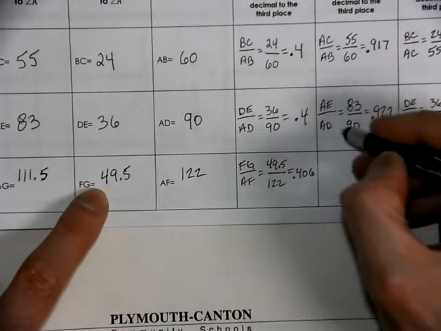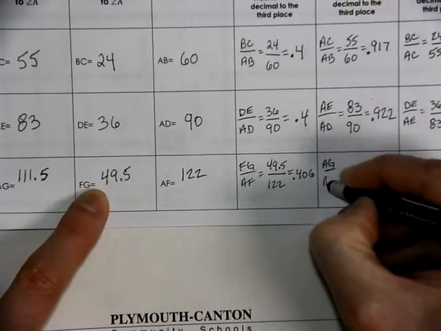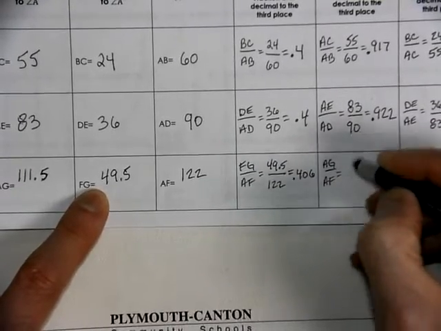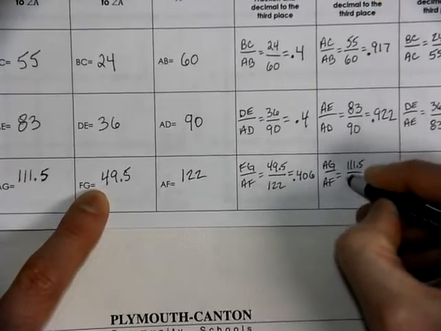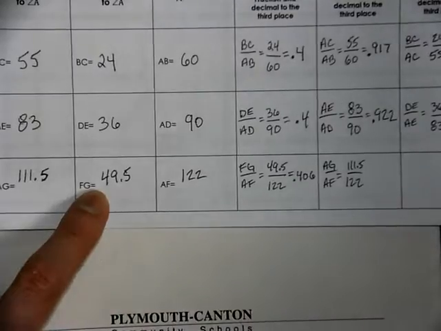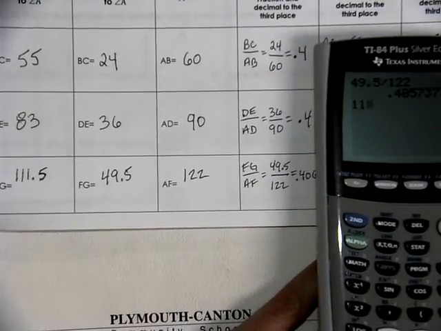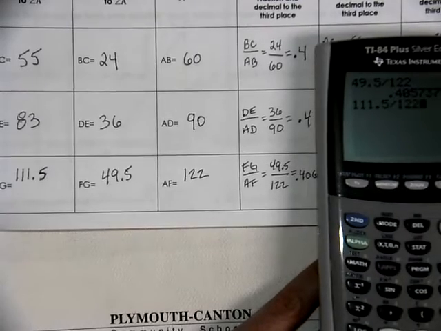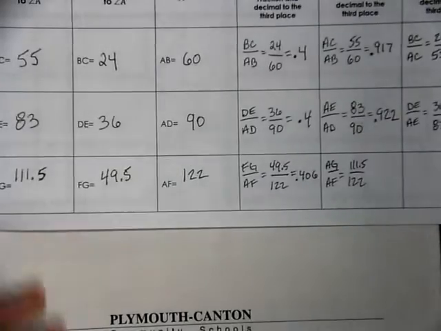The adjacent side was AG. The hypotenuse was AF. AG was 111.5 over 122. 0.913 or 0.914.